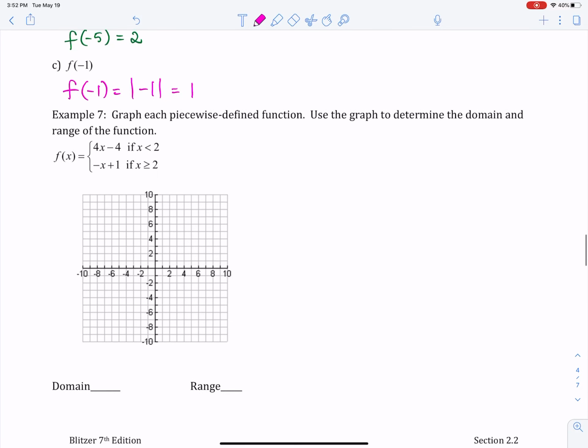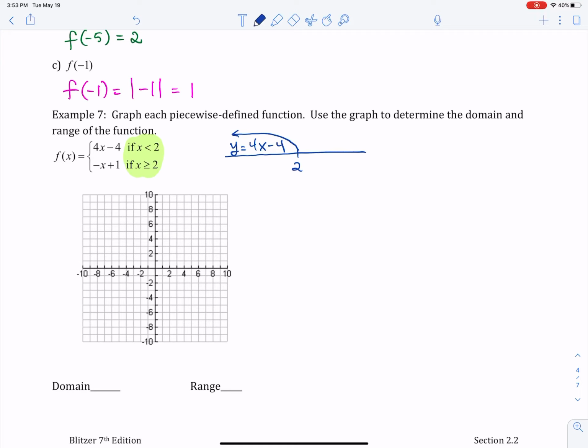Let's do that again, and furthermore we're going to graph a piecewise function. Well, how do we graph it? Again, this is the domain of the function, and what this domain says is before 2, not included, we're going to graph y is equal to 4x minus 4.